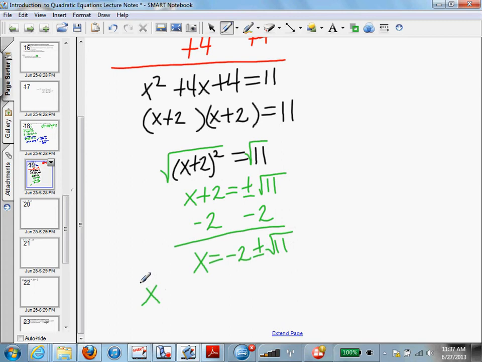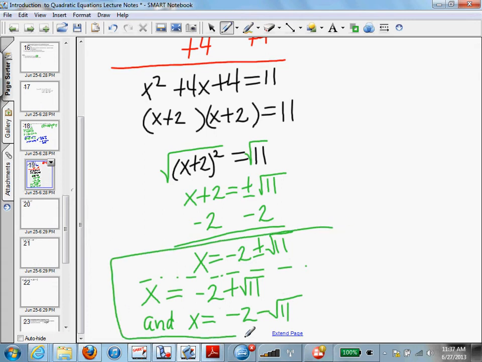And remember, this can be broken into the answers: x equals negative 2 plus the square root of 11, and x equals negative 2 minus the square root of 11. Either answer is acceptable.